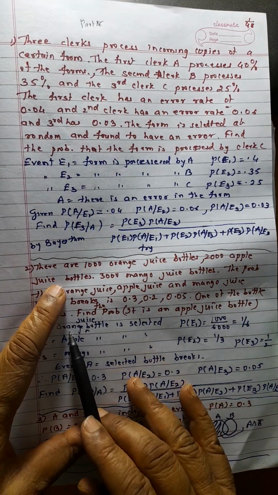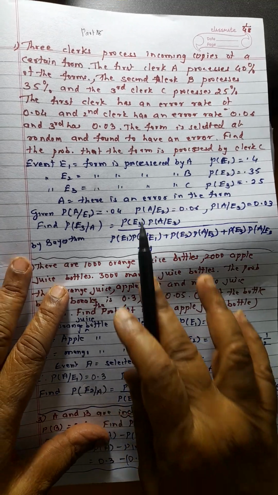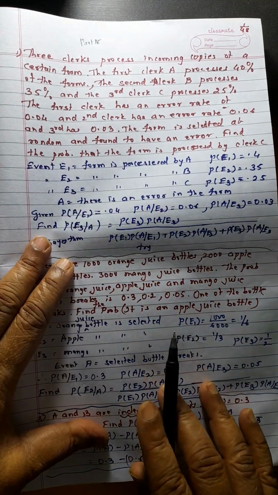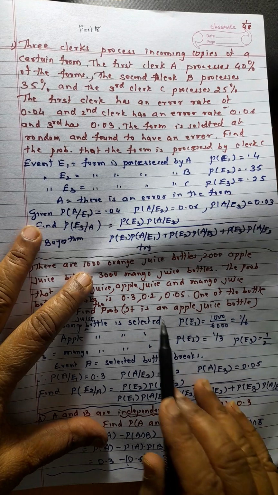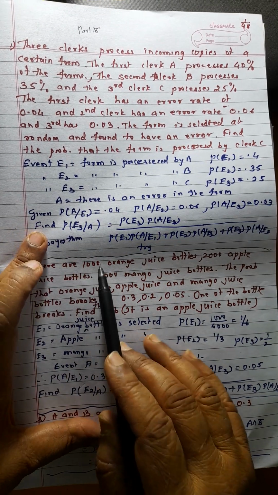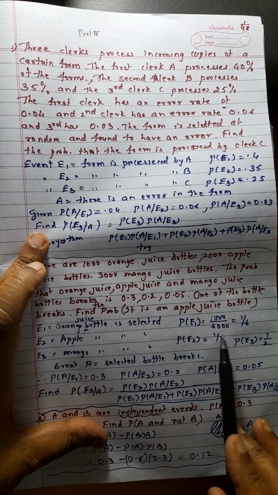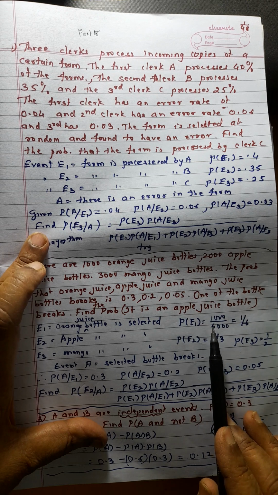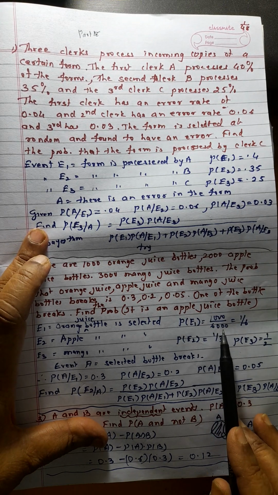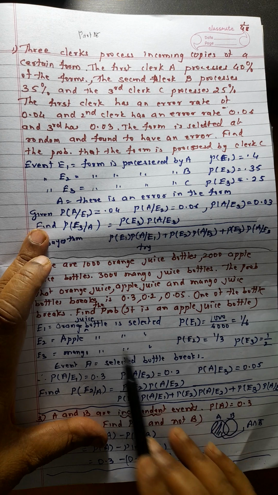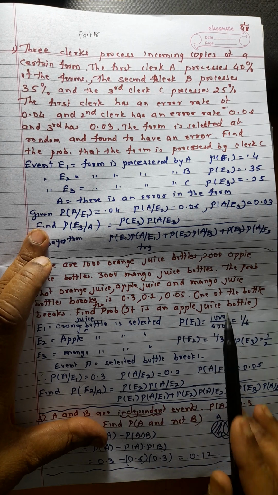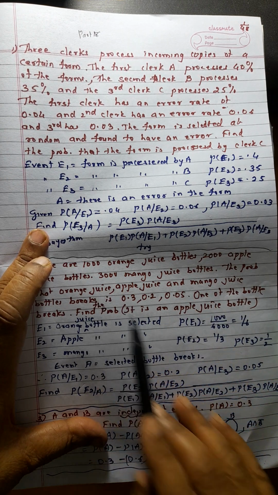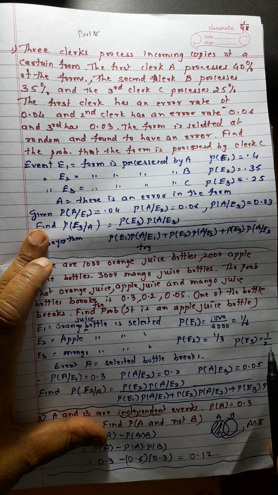So I will write E1 is selected bottle is orange juice bottle. So probability of E1 will be, totally how many bottles are there? 1,000, 2,000 and 3,000, it will be 6,000. Out of that, orange bottles are 1,000 upon 6,000 means 1 by 6. Apple, it will be similarly 2,000 divided by 6,000, it will be 1 by 3, and this is half.